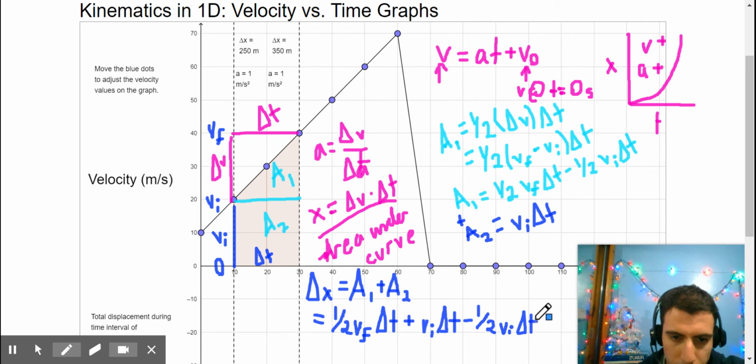Eventually I'm going to be left with 1/2 V final delta T plus 1/2 V initial delta T, okay?